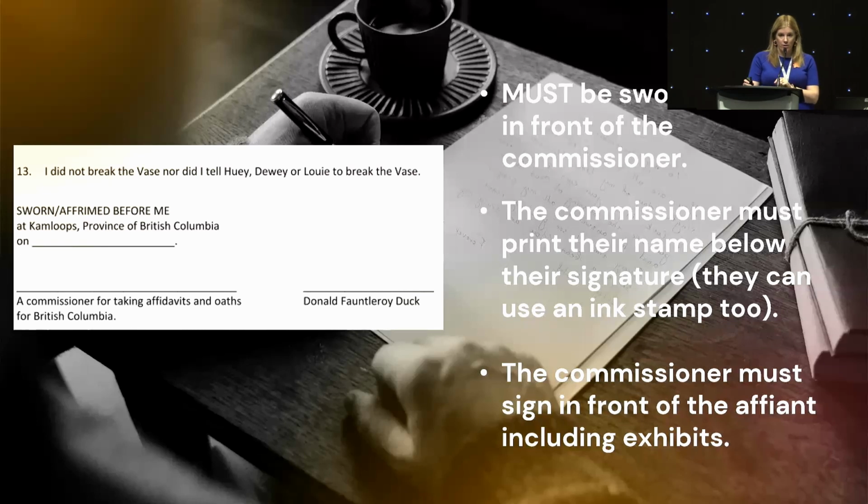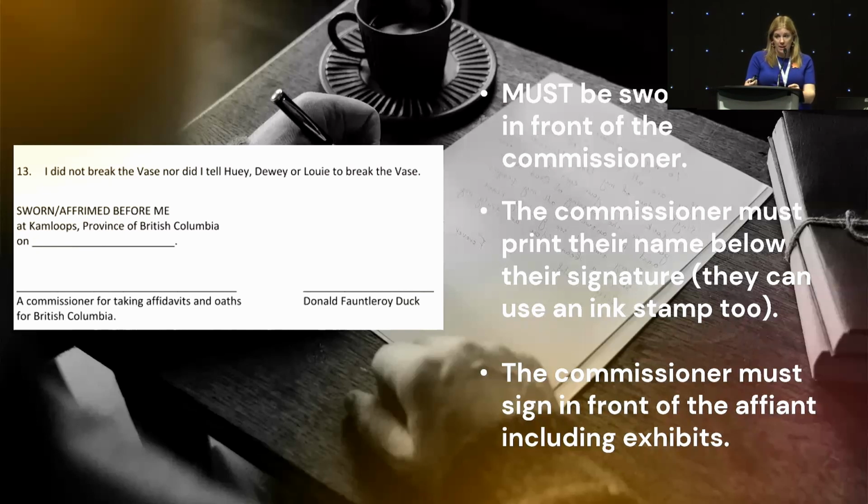I don't care if all you changed was the spelling of a name, you need to do that so that they know it's the same document, and they have to see the exhibits as well, which we're going to get into. All of those things must be done together. The commissioner signs, including the exhibits. We'll get into that, where you'll see the exhibit sign, and the commissioner signs each one of those, going through each one.